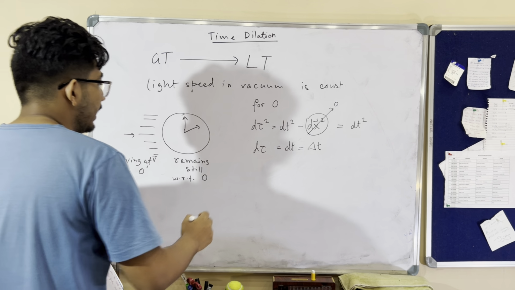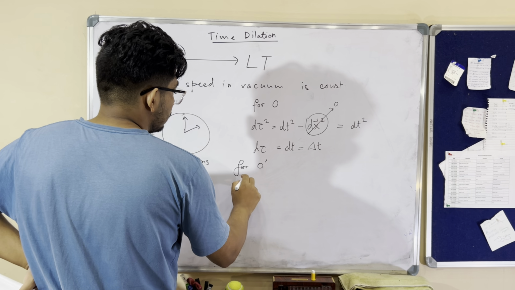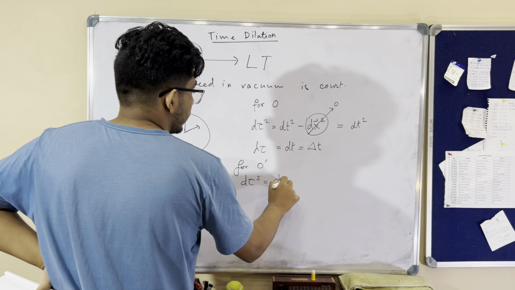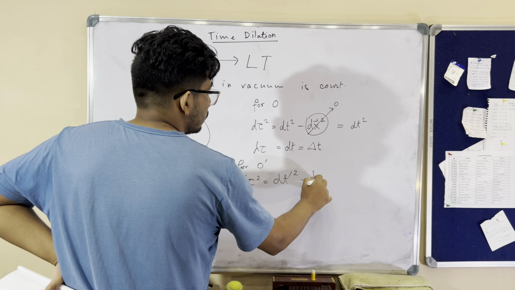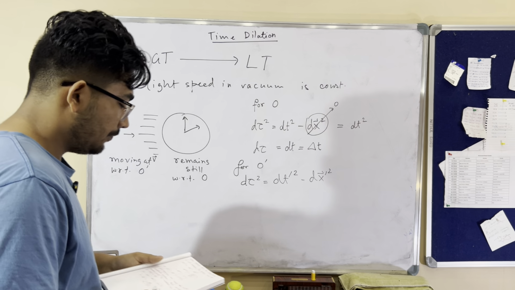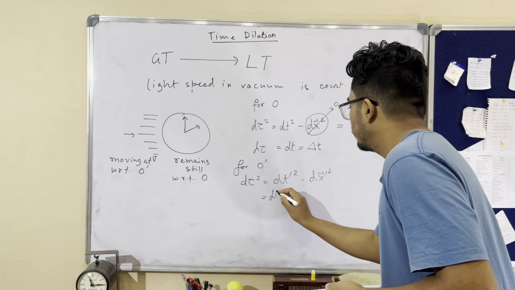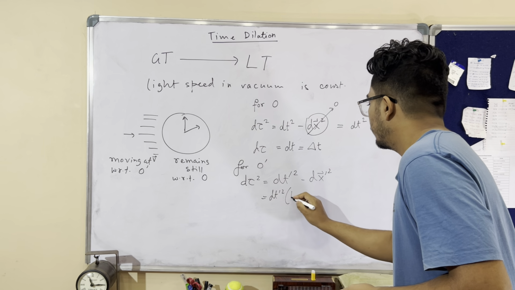But for O prime, let's see what happens. This looks like this. If I take dt prime squared common, then I will get something like this, and this is exactly the velocity of the clock that O prime sees.